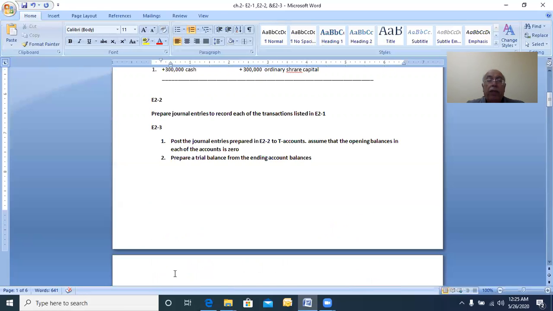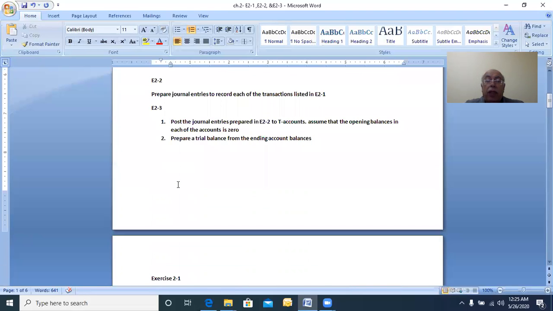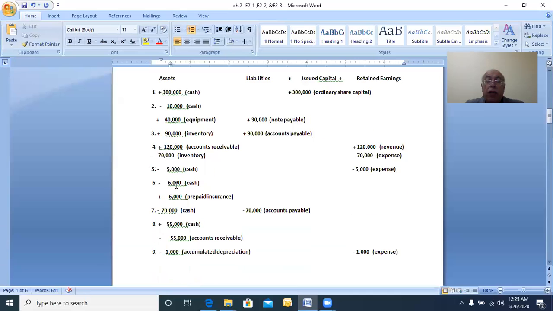Okay, number 5, let's see number 5. Paid 5,000 rent for the warehouse building for the month of March. That means the company paid the rent for the month, and the amount of rent was 5,000. The cash decreases.